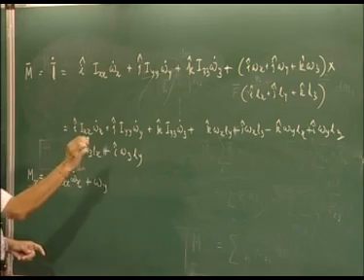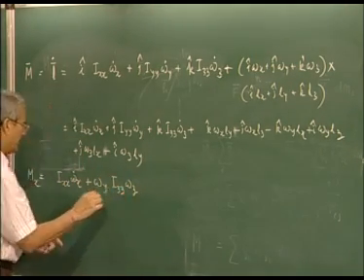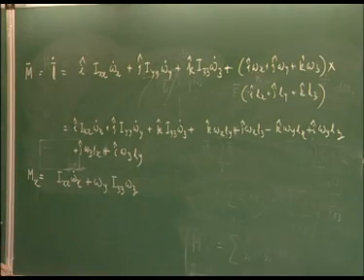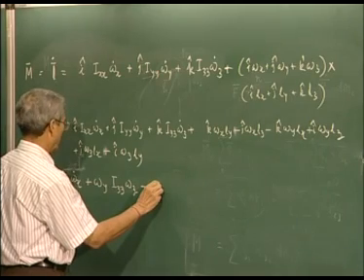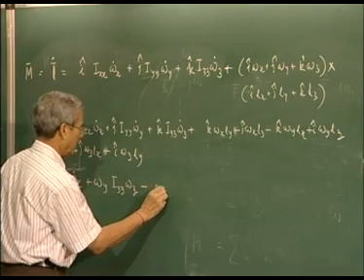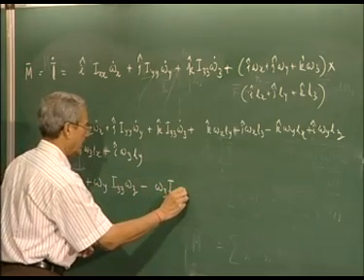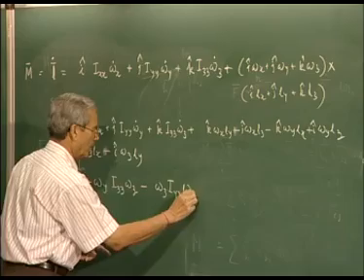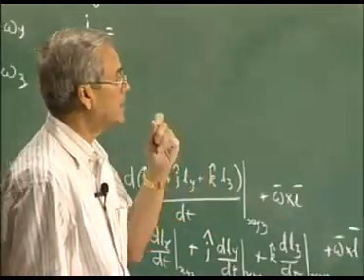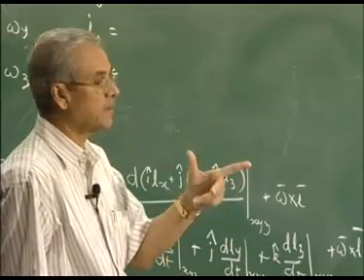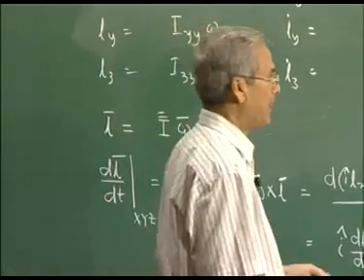Now Lz is nothing but Izz omega z, and the other term is minus omega z Ly, where Ly is Iyy omega y. So we have to keep in mind from the very beginning that the small xyz coordinate systems have been chosen in such a way that they are principal axes.